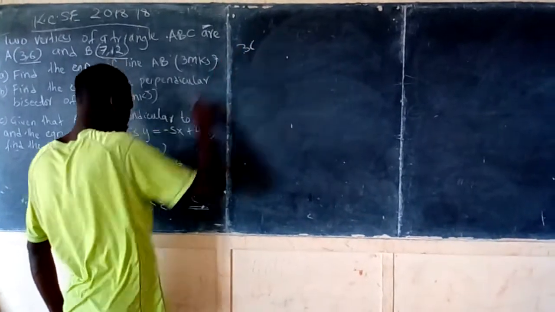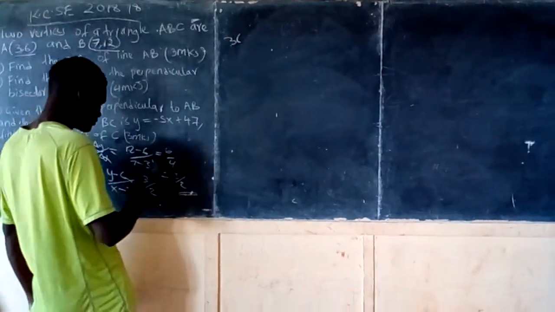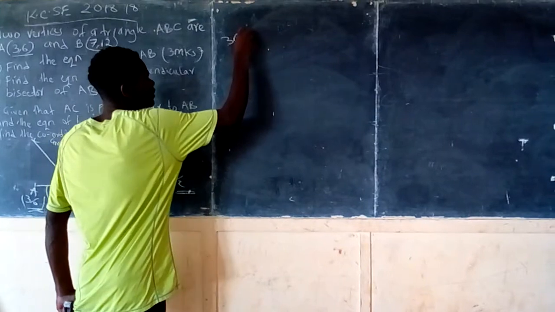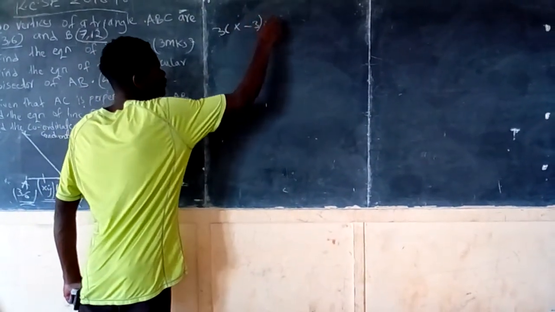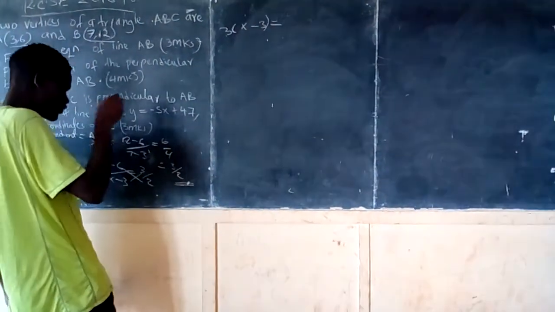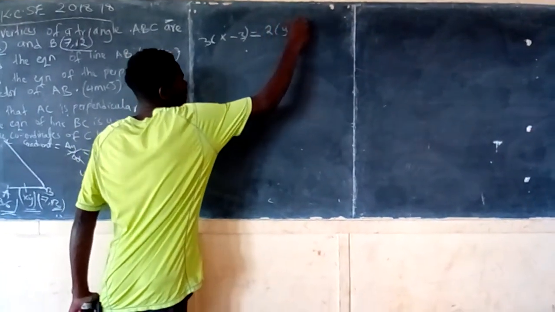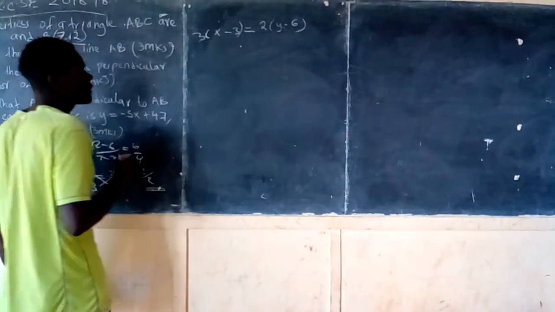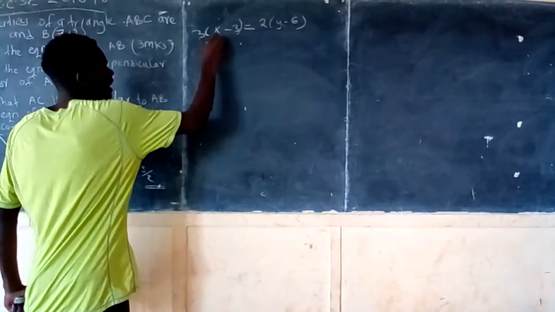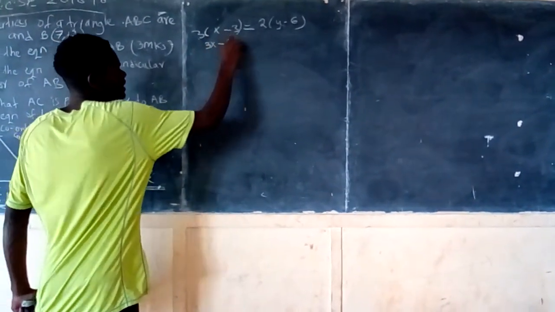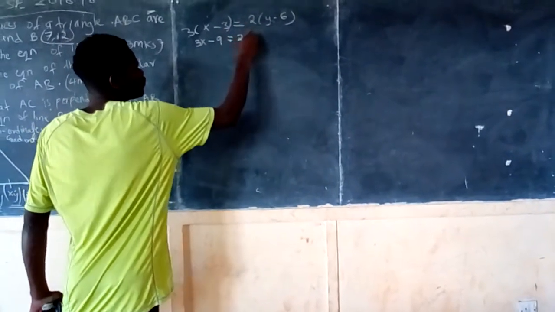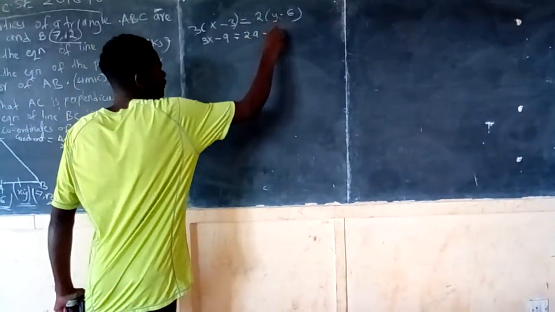We find that at that point we'll have 3 into (x minus 3) is equal to 2 into (y minus 6). Now opening up this bracket, that is 3x minus 9 is equal to 2y minus 12.